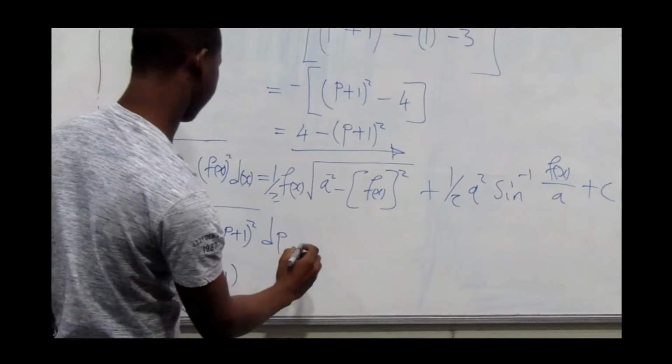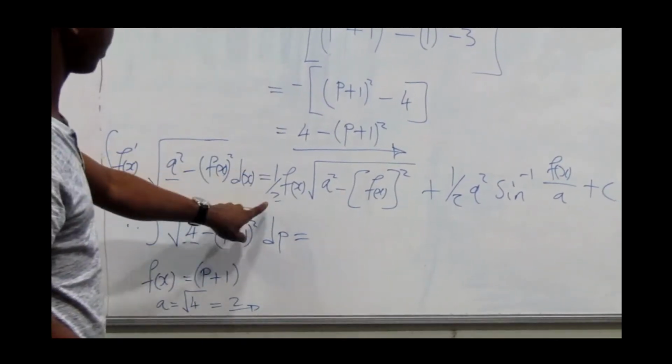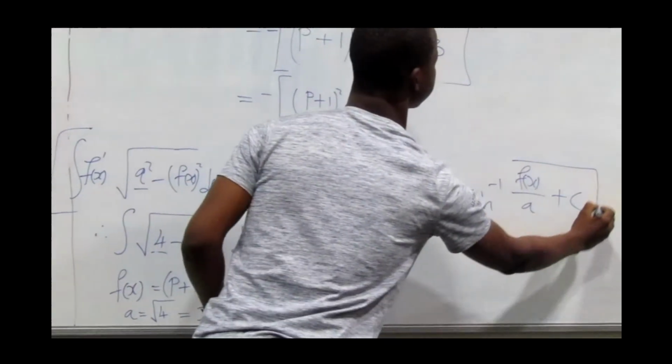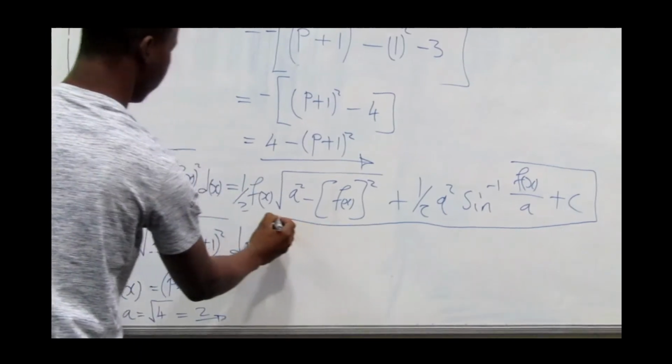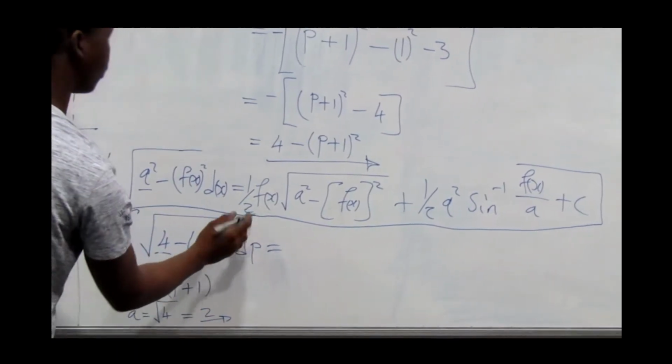Now that we have f of x and a, we can substitute accordingly using this formula, where a is 2.